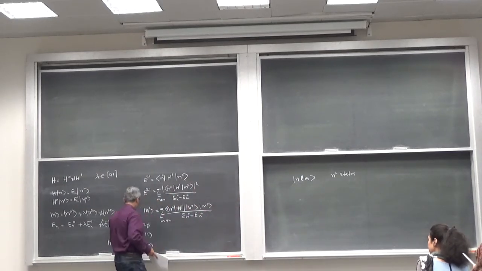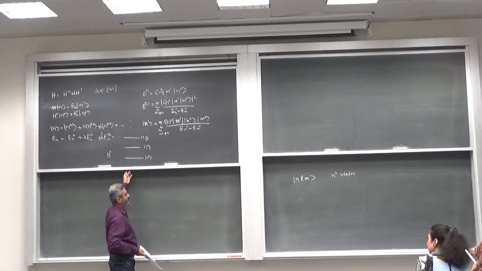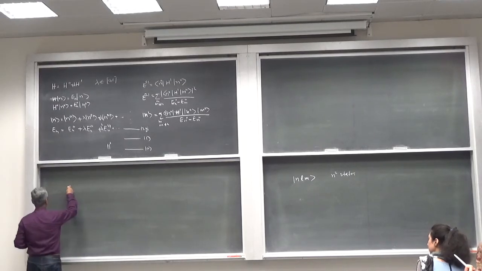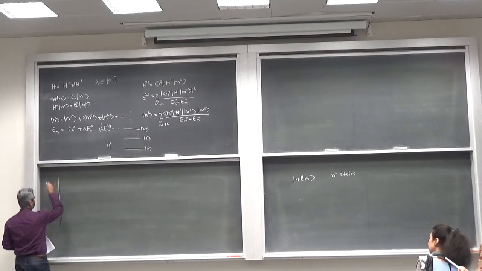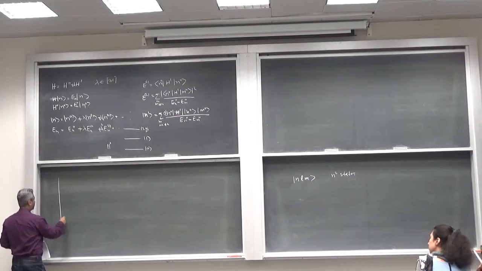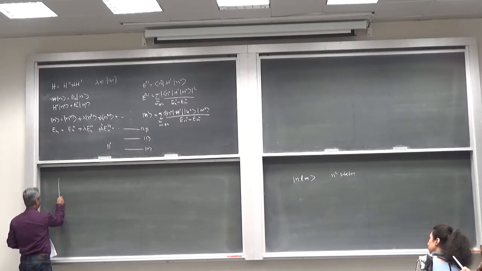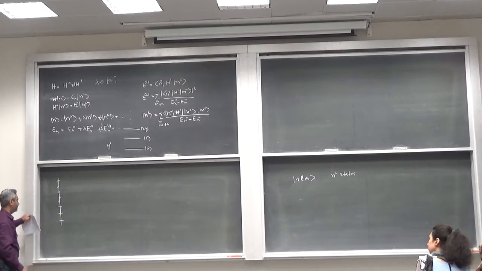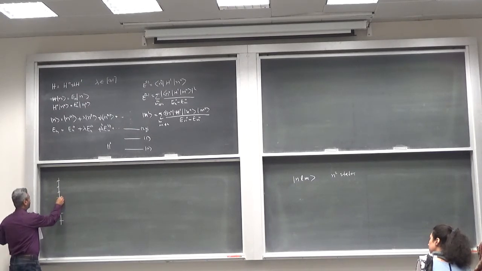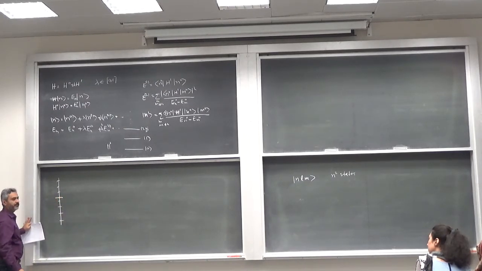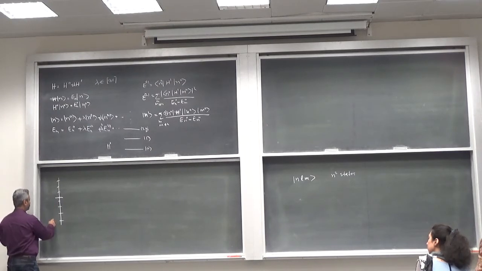So for example, if you look at the situation like this. Suppose this is the E-axis, this is the ground state, the first excited state, blah blah blah. So we have all this set of states. And for a given one, let's say this one, this state, this is degenerate. These are the eigenvalues.